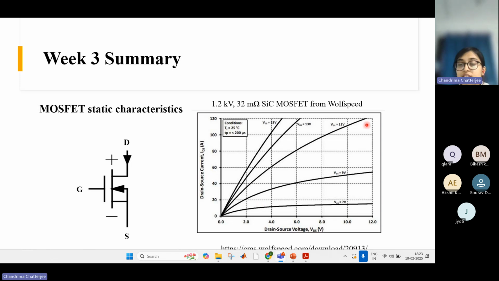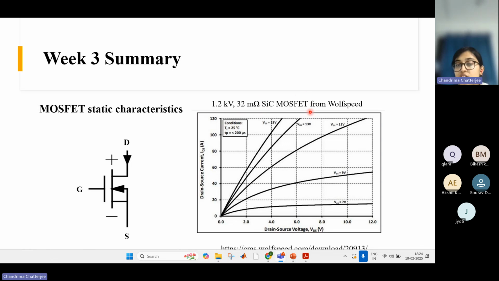This picture I have taken from the datasheet of a SiC MOSFET, silicon carbide MOSFET. I have provided the link here. You can check afterwards. It is a SiC MOSFET from Wolfspeed. This is a 1.2 kV, 32 milliohm SiC MOSFET. You can also see some silicon MOSFETs. This is a silicon carbide MOSFET.